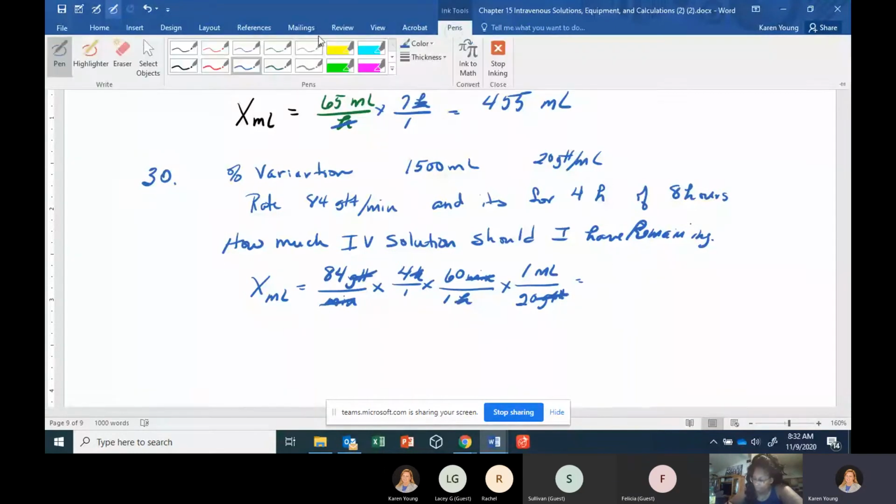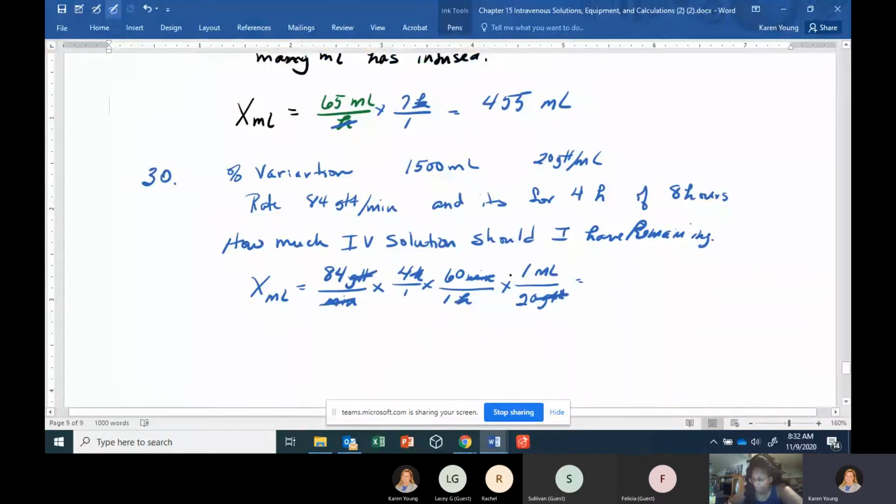And then I can cancel: 20 goes into 20 once, and 20 goes into 60 3 times. So I'm multiplying 84 times 4 times 3, or 84 times 12. And it's infused 1,008 milliliters in my 4 hours.